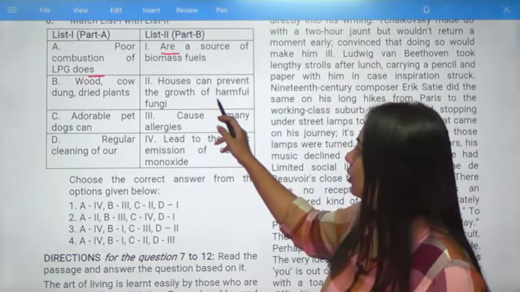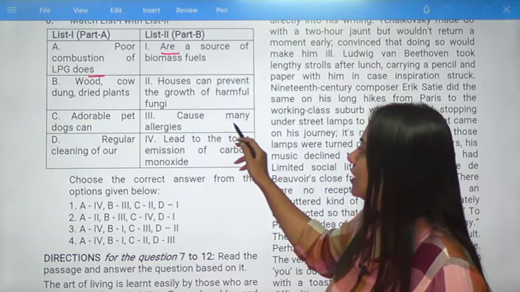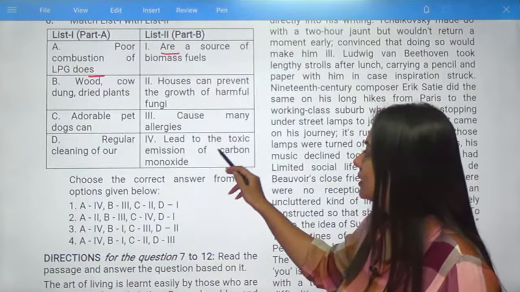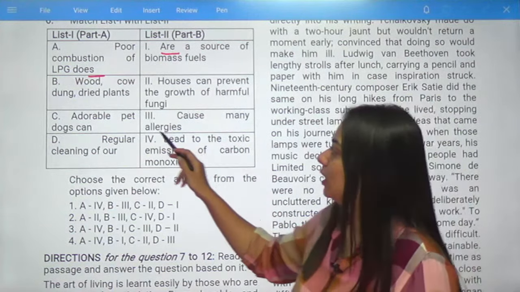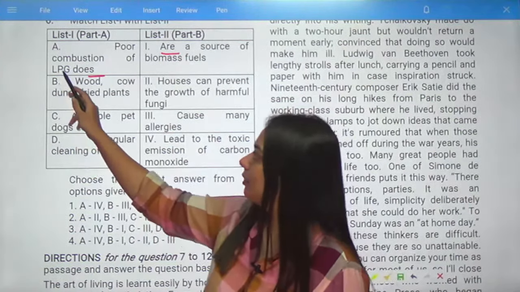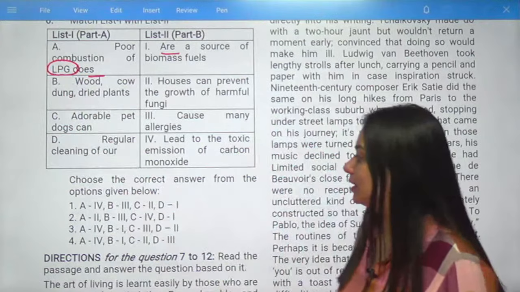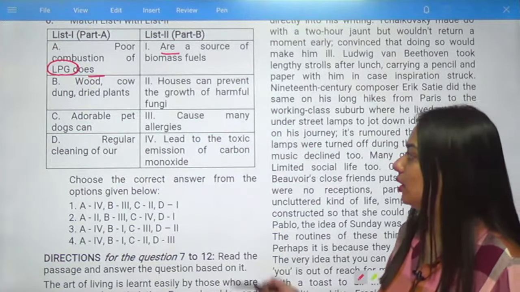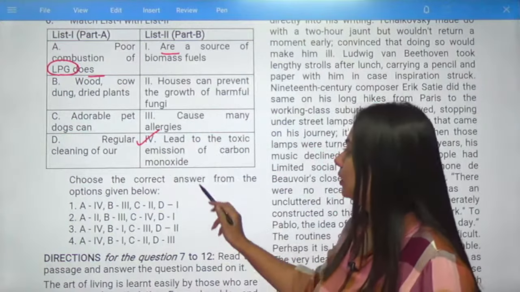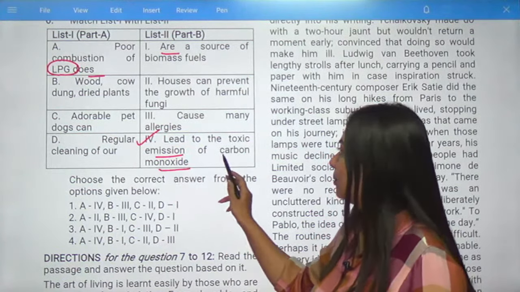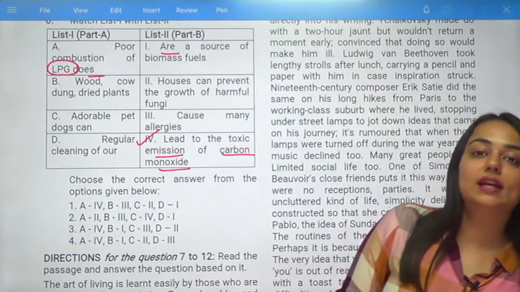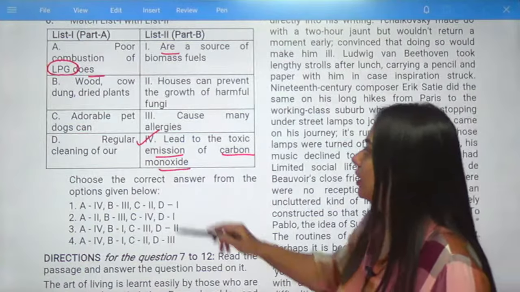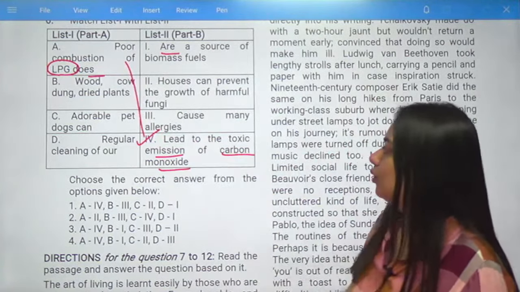Houses can prevent the growth of harmful fungi, cause many allergies or lead to toxic emission of carbon monoxide. तो हम किसकी बात कर रहे हैं यहाँ पर? LPG की बात कर रहे हैं, right? So what should be the answer here? The only answer is fourth one, क्योंकि वो emit करती हैं carbon monoxide and other toxic gases, chemicals. So first one we can match with fourth one.